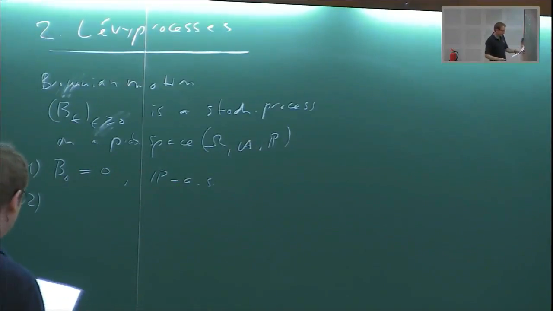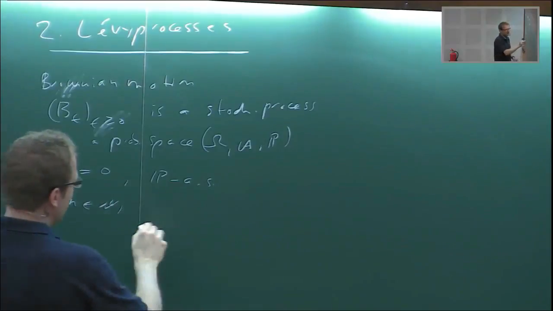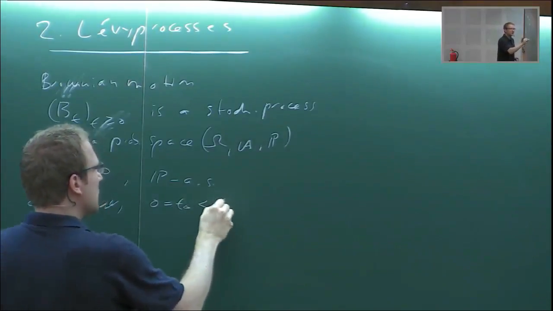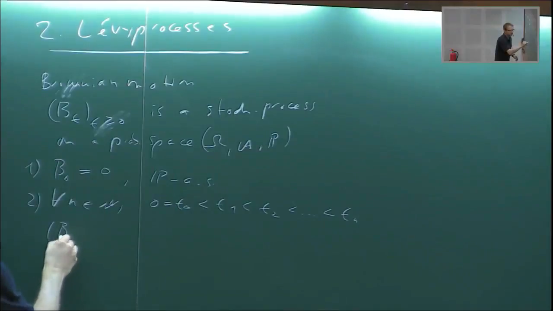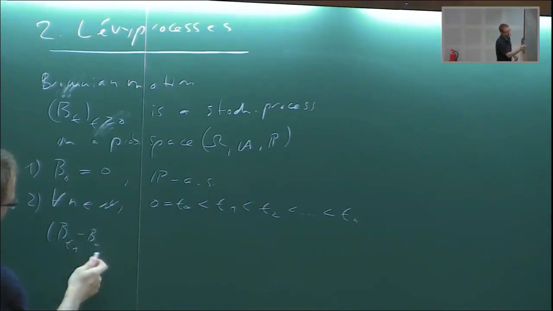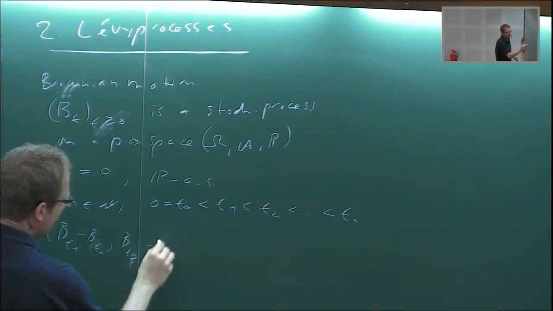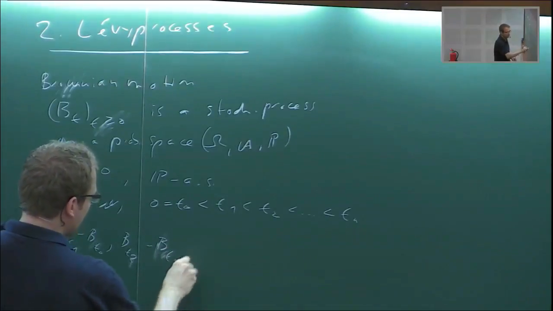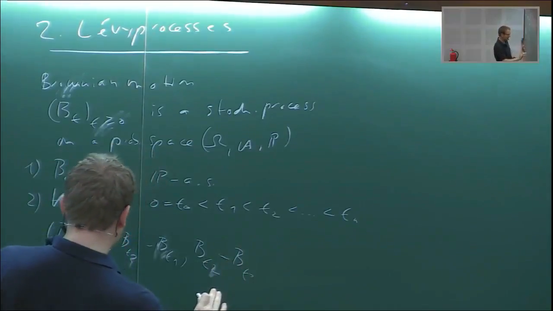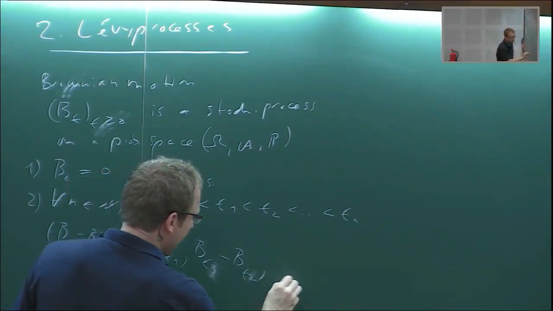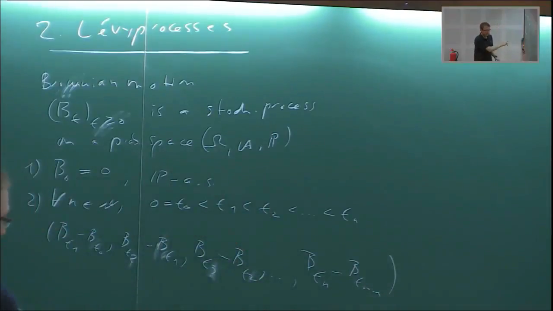Then we have independent increments. What does it mean? This means for any n in N and any partition 0 = t0 < t1 < t2 < ... < tn, we have that the vector of Bt1 minus Bt0, but this is 0, Bt2 minus Bt1, Bt3 minus Bt2, just to make it clear, until Btn minus Btn-1, is an independent vector.